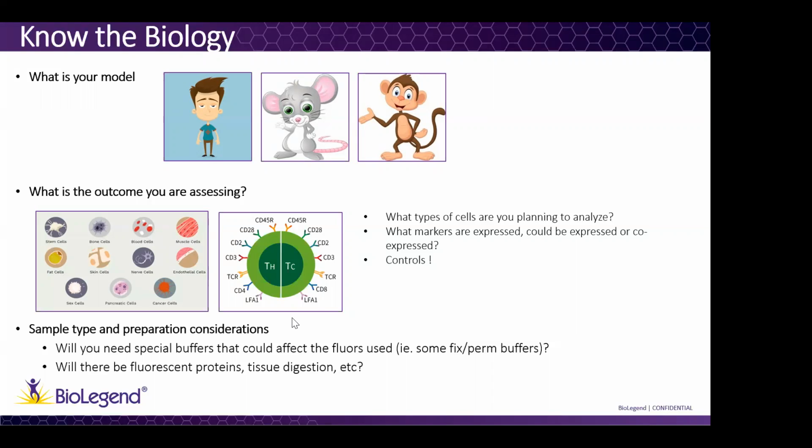And some of the fluors are not that resilient what comes to the fixation and permeabilization. So you need to know these aspects also when you plan your experiments. And of course, whether your cells are having strong autofluorescence, how you're gonna prepare your samples, etc.